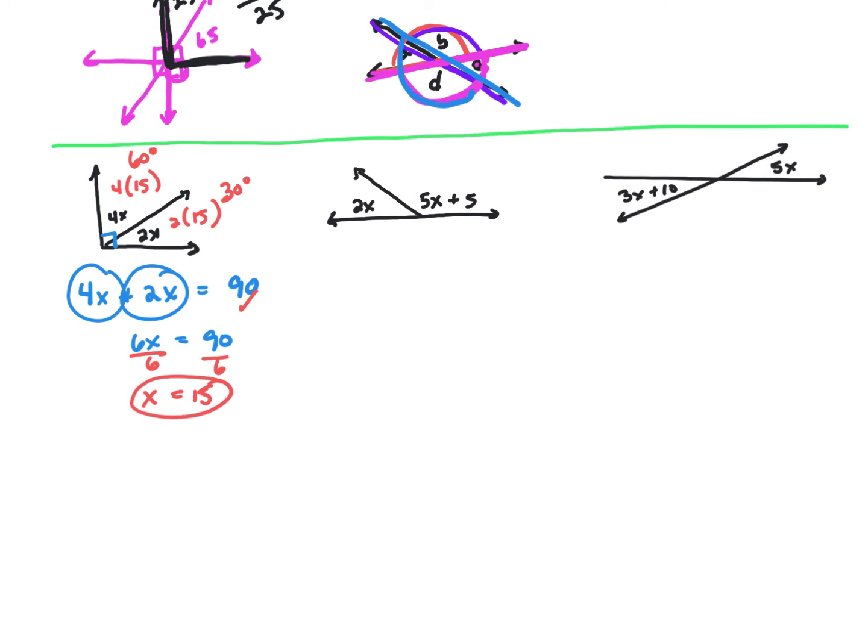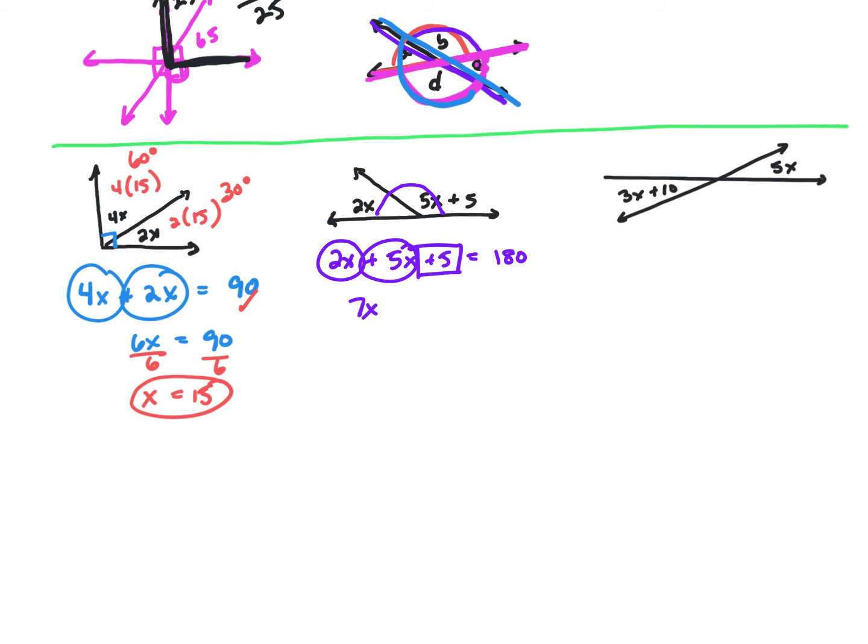The next relationship is supplementary, which means they're 180 degrees. So I'm going to take what they give us, 2x for the first angle, plus 5x plus 5 for the second angle, and together those equal 180 degrees. So once again, we're going to gather up our like terms. So that's 7x.